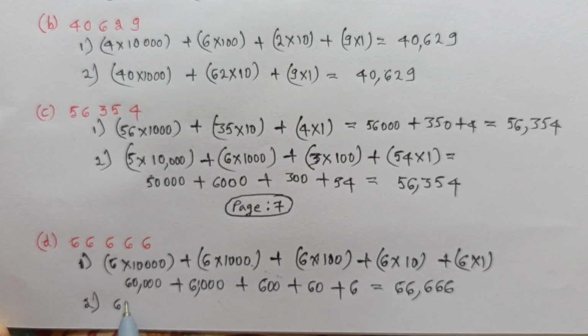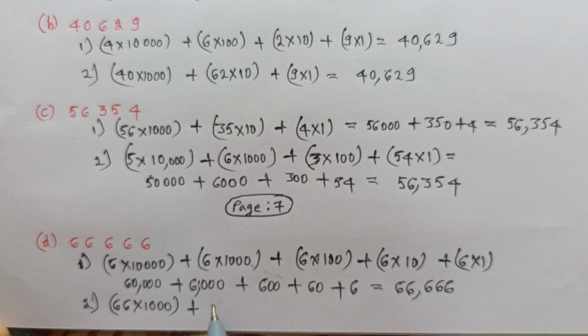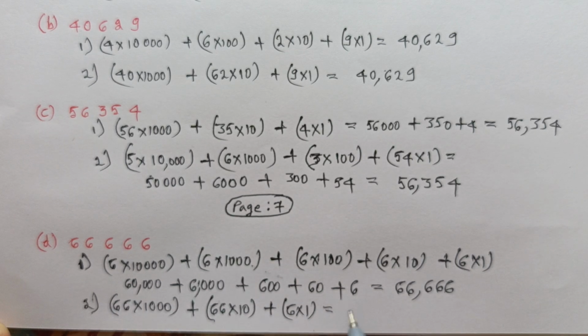Here I am taking second way like this: 66 into 1000. So 1000 button we have to press 66 times, plus 66 times we have to press 10 button. Next one time 6 times plus 1 button. So like this also we will get the same result.